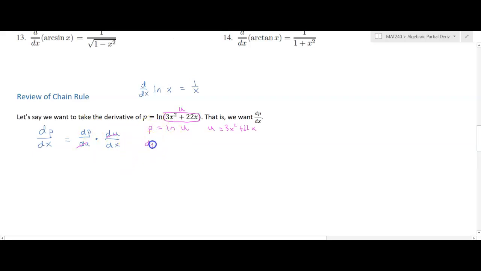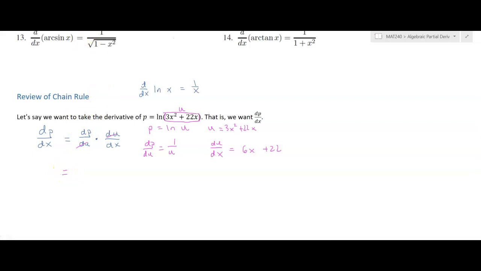So dp du, the derivative of p with respect to u, well, now I'm differentiating and treating u as the new variable, and that's just going to be 1 over u. And the derivative of u with respect to x is now just taking the derivative of the right-hand side, which is 6x plus 22. Now I've got to put it all back together, because what I wanted was dp dx.